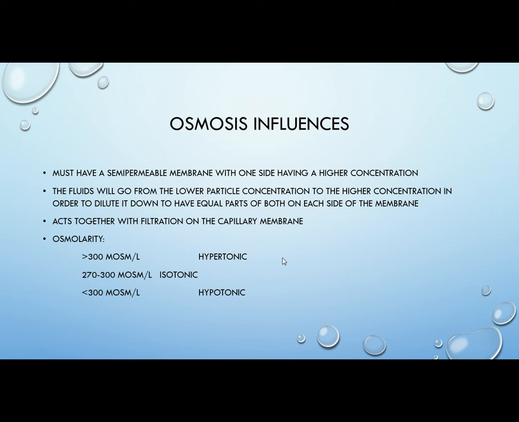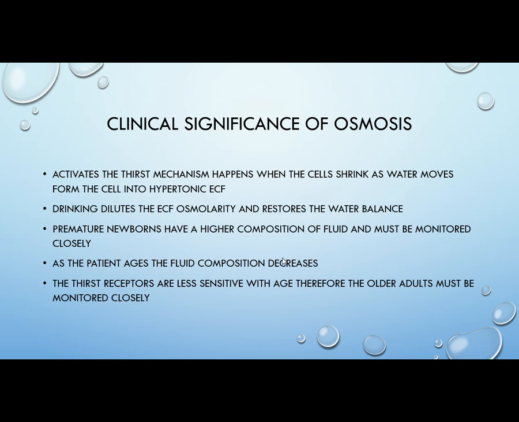Okay, and that would be like your salines of 3% and 5%. And then your hypotonic are going to be fluids that have less than 300 milliosmoles per liter, such as your half normal saline. Alright, now make sure that you are well aware of which category each fluid falls into for this test, and also for clinical purposes when you're taking care of your patients.